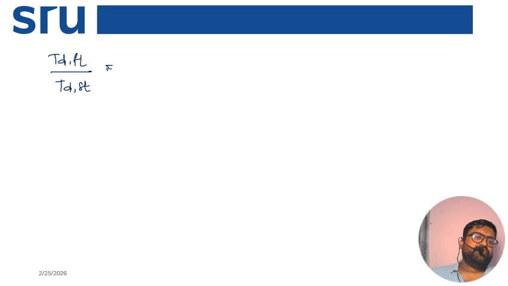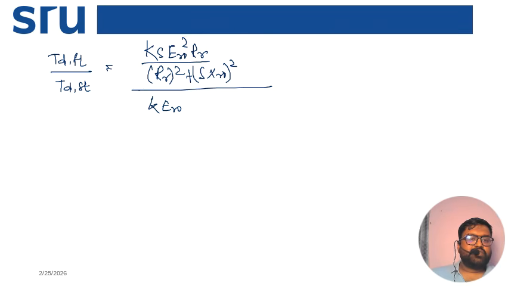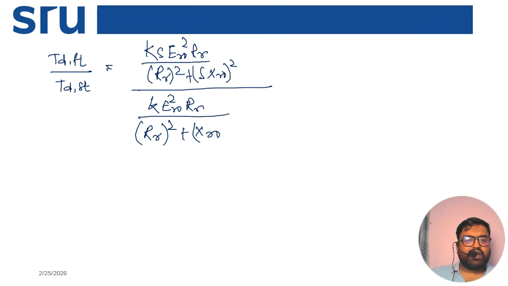Right. Now to the next, the last condition. We will derive the full load torque, TD full load divided by TD starting condition. What is the formula for TD full load? That is K S ER0 square RR divided by RR square plus S into XR0 square, divided by the starting, which is K ER0 square RR divided by RR square plus XR0 square.